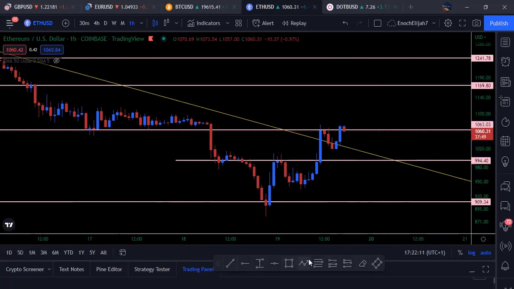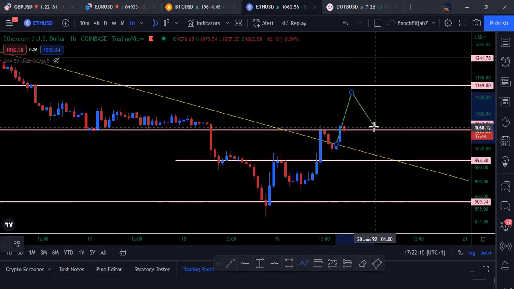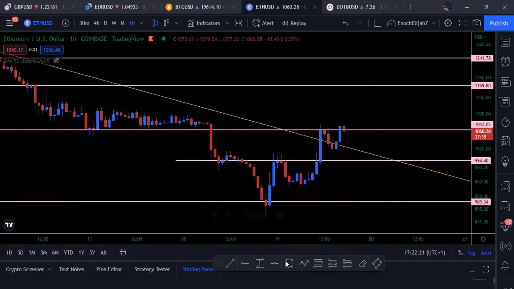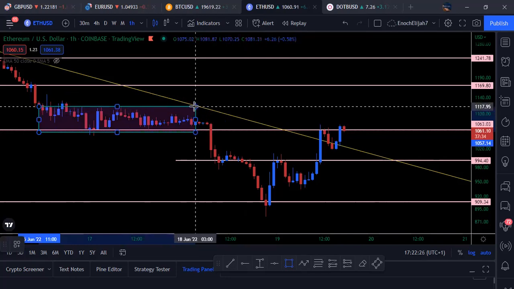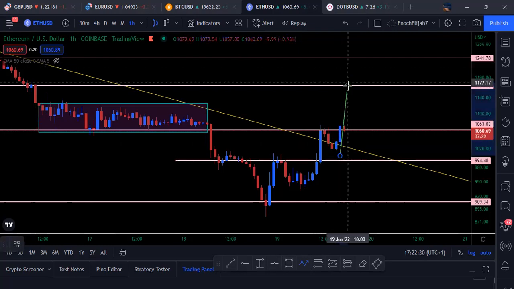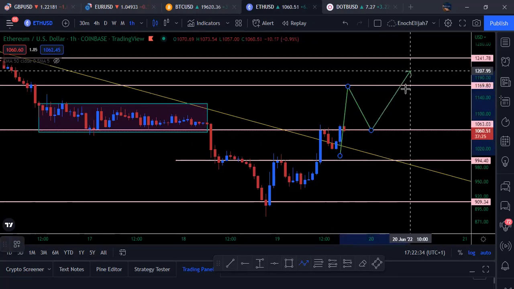Or you wait for it to fully break out of this zone, then come back to test it, to cancel this previous ranging market on the left side, this ranging zone that happened right there. So price breaks like this, then comes back to test. You can buy from this test, then buy up to those places.